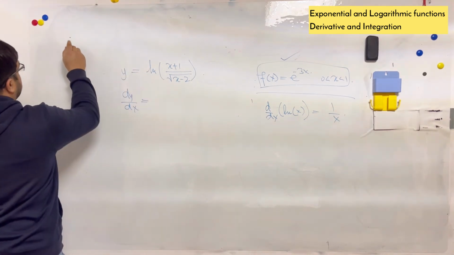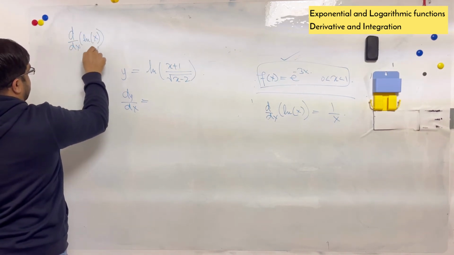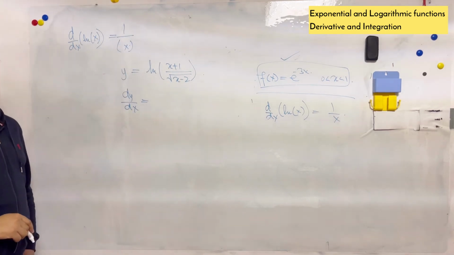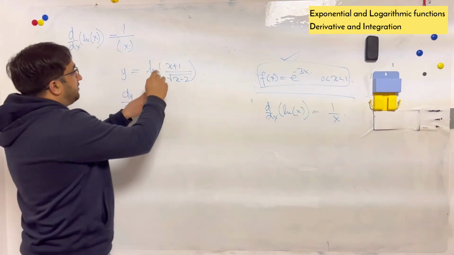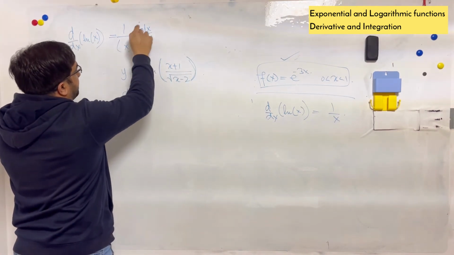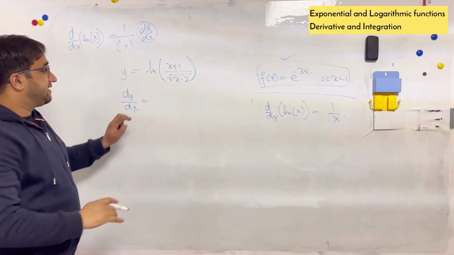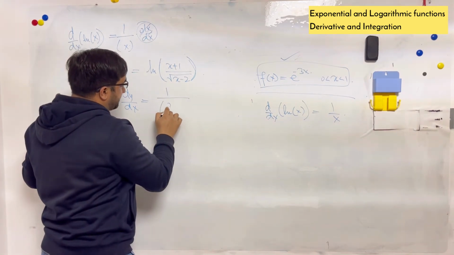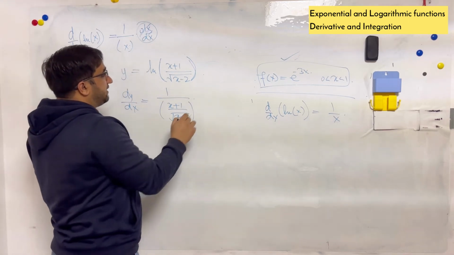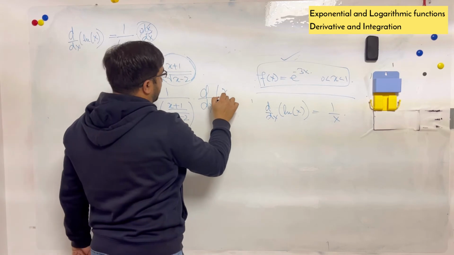According to the rule I told you, d by dx of the natural log of whatever is inside the bracket is 1 over whatever is inside the bracket, times d by dx of whatever is inside the bracket. In this case it is dx by dx, so it cancels, we don't write it. Whatever is inside the bracket, one time take it downstairs, and another time take d by dx of whatever is inside the bracket.